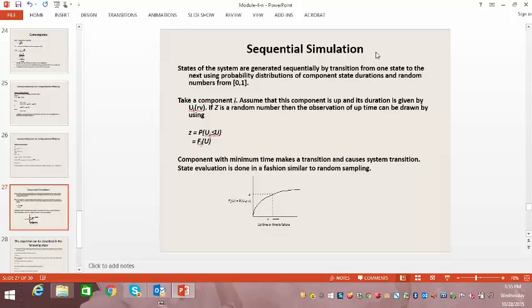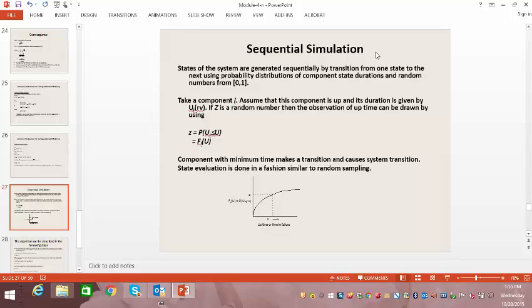In the sequential, what you do is that you are in one state of the system, for example. So you try to generate the sequence of states as it progresses in time. If you are in one state, then the system components are in particular states. For example, component 1 may be up, component 2 may be up, component 3 may be down, and so on in a given state.